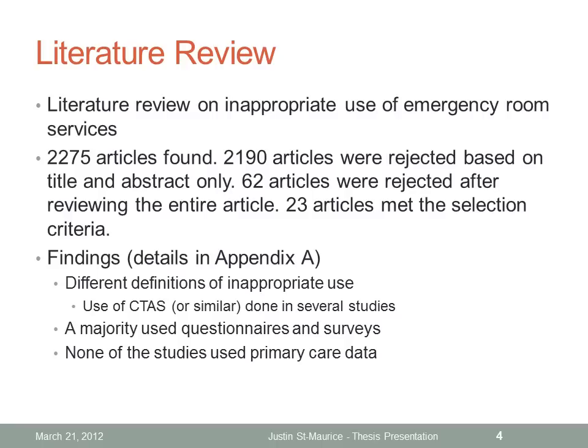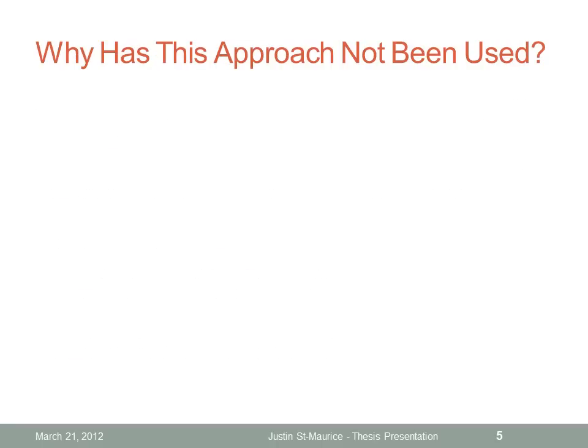That's in a little bit of a contrast to what I've done, where I took the entire series of data and found out what were the common biopsychosocial components, and then I built the relationships that I found between that and inappropriate use. Another thing that was different than my study was the fact that none of the existing studies that I found had used primary care data to investigate the question.